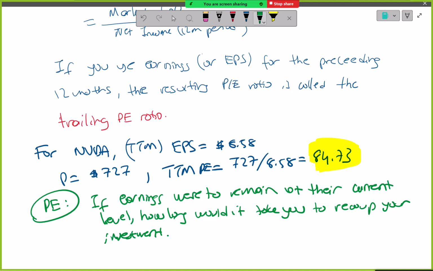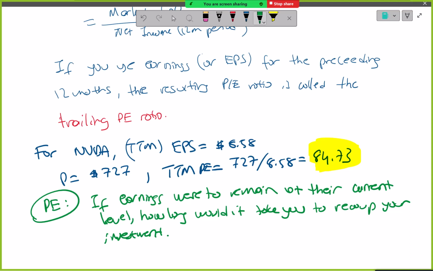What's wrong with that analysis? Remember my statement. When thinking about PE, I made a very precise statement. It said, if earnings were to remain at their current level, it would take you 85 years to get your money back. What's wrong with that?